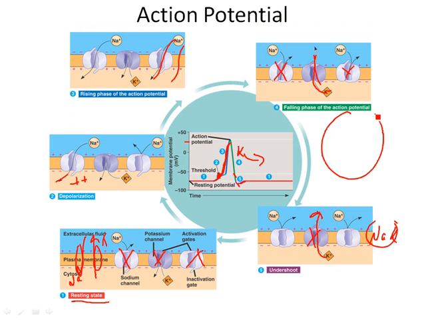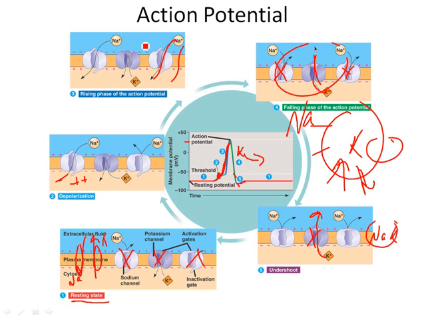Draw yourself. Set up your battery. Figure out which ions. Where is sodium out here? Potassium's here. Which way is sodium going? Which way is potassium going? What's your pump doing? And then just think about it stepwise until you can do it from heart on a piece of paper. You can draw out the action potential and all these steps going on. It seems impossible, but trust me, you can do it.